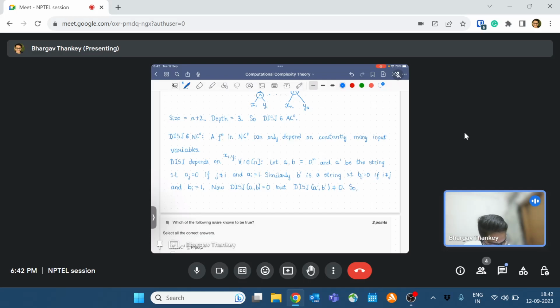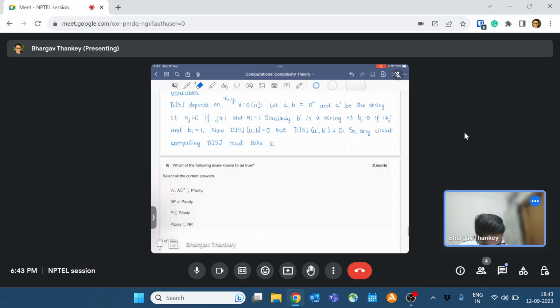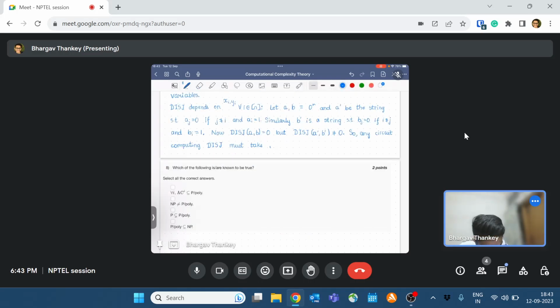This means that any circuit computing disjoint must take xi, yi as inputs.